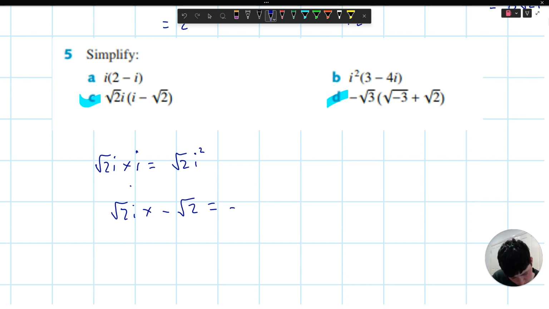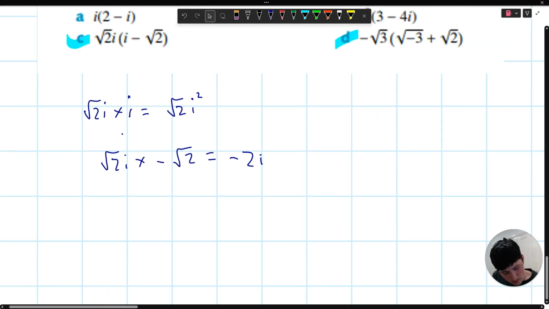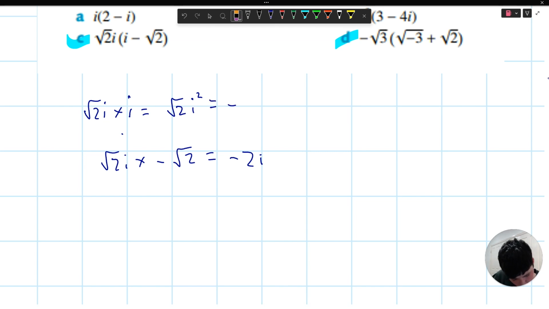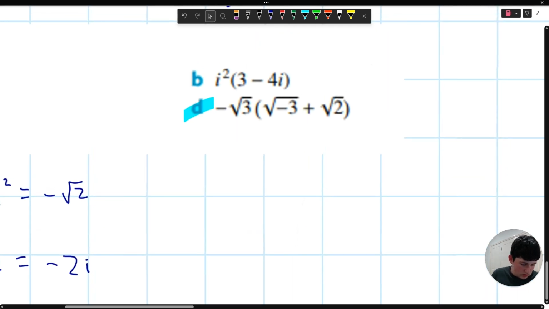You're left with negative 2i. And then this is just negative root 2. Therefore, it equals negative root 2 minus 2i. We move on.